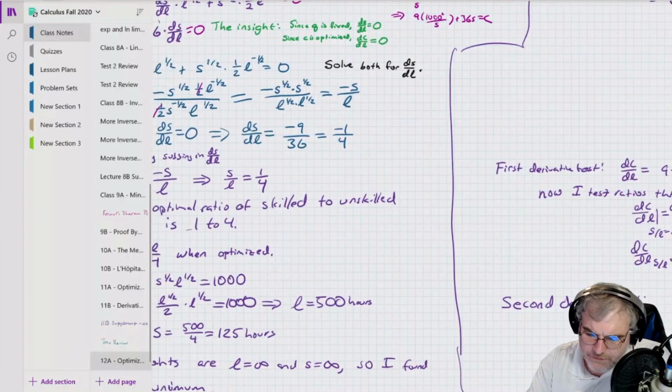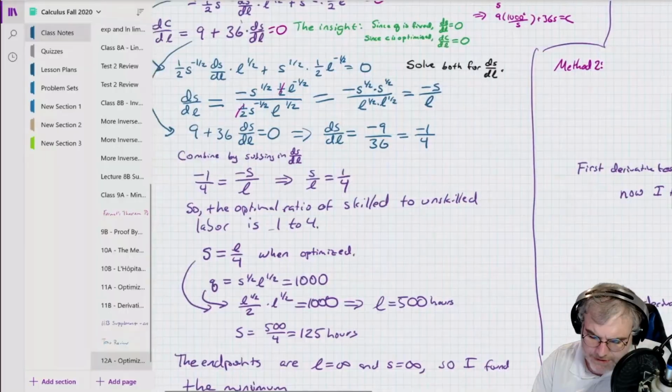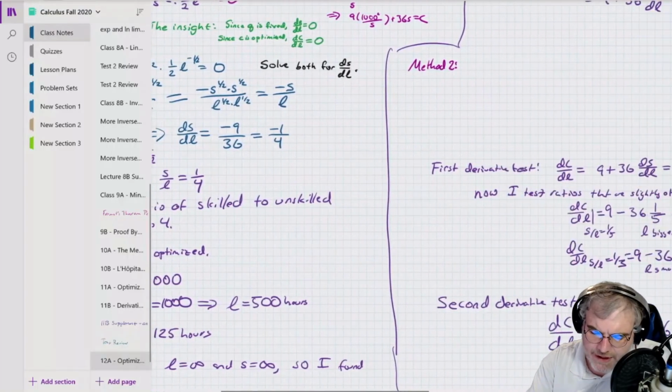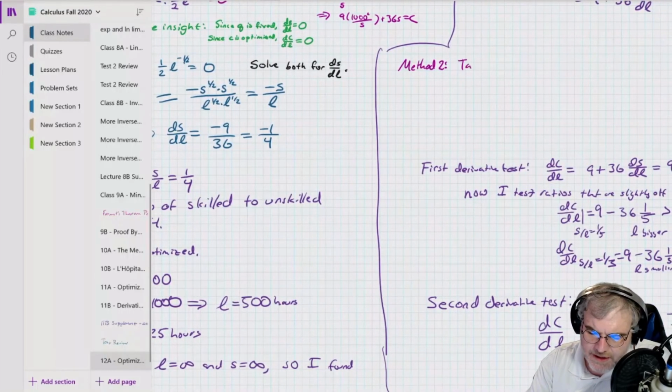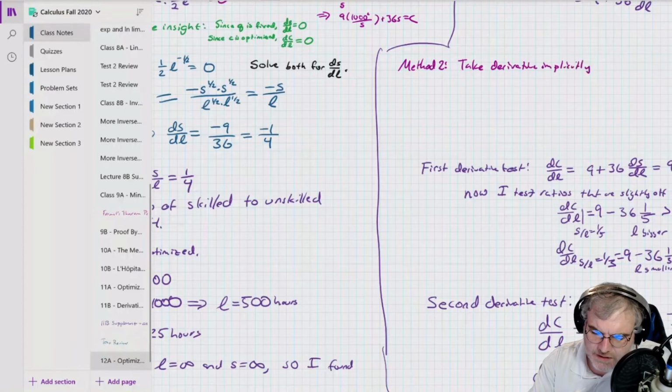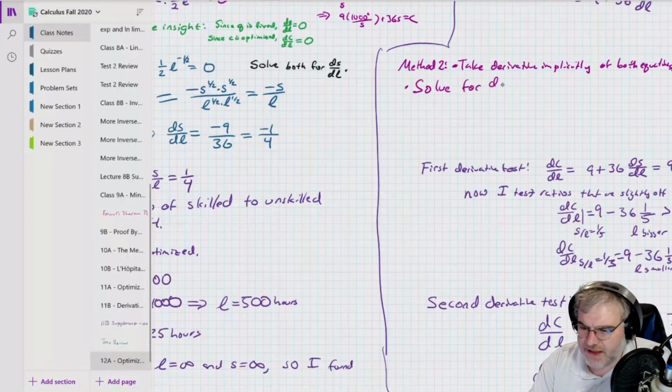So the method 2. All right, we'll write it down here. Method 2. Okay, so take derivative implicitly of both equations. Solve for, I'm just going to put ds over dl here, whatever you're doing, right? Solve for that ratio.